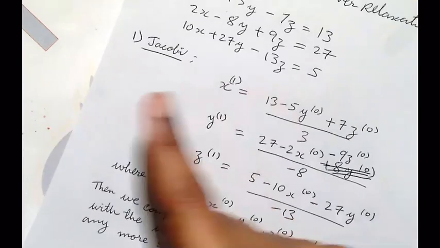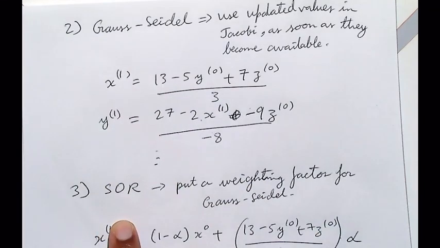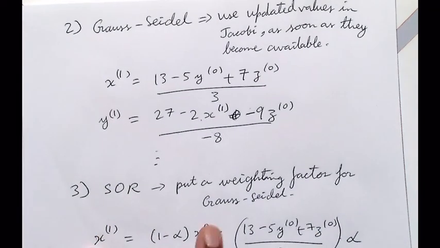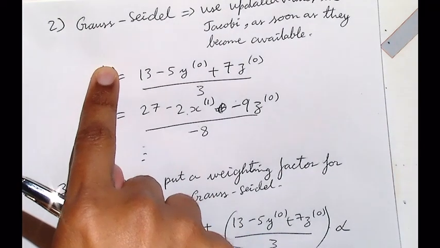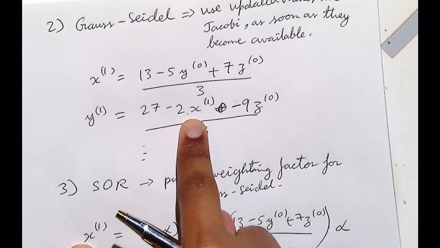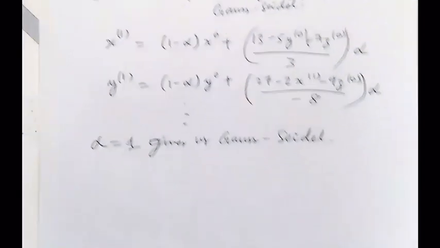People will say, yeah, Jacobi you can parallelize. But then Gauss-Seidel and SOR are slightly better than Jacobi, and here people would say, but these you cannot parallelize. See, there's an x1, which must be computed before I can go to y1. So everything is sequential. Okay? So yeah, it was a good exercise, but never use these in practice.